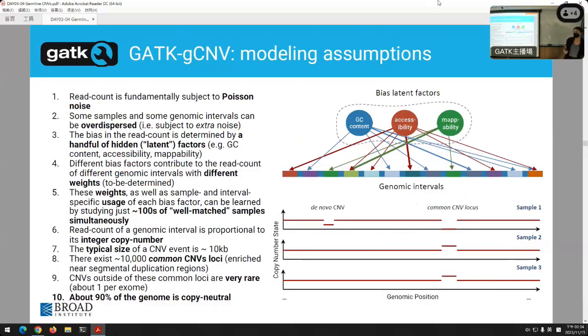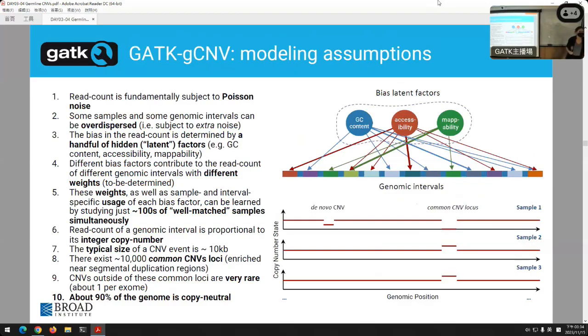So we call those latent factors. Some examples listed here are GC content, which has come up before and can influence how well you're able to sequence a region. Accessibility of the chromatin: if the chromatin is more open, then you're more easily able to sequence that region. And mappability is another potential factor here.